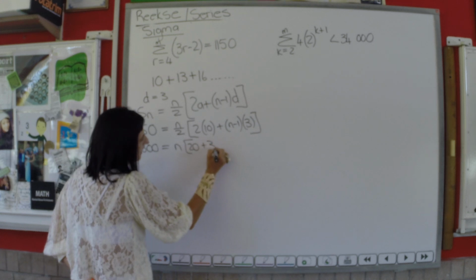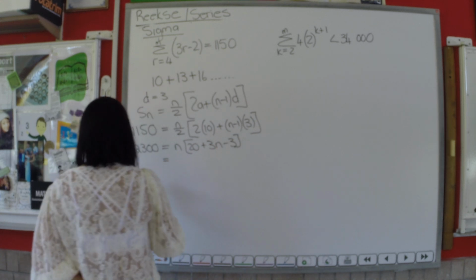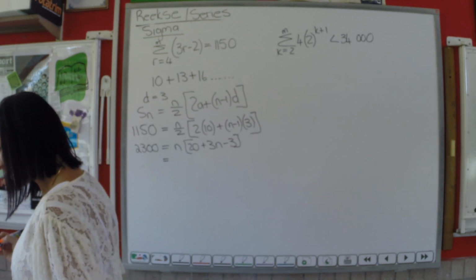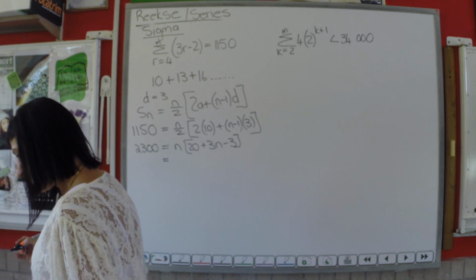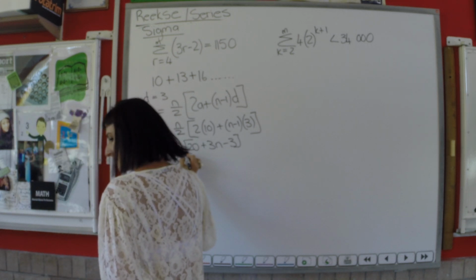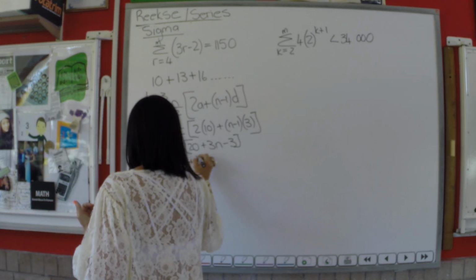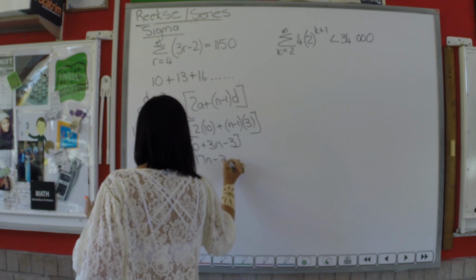20 plus 3n minus 3, and then if I multiply all of this out, I get the trinomial, and the trinomial is 3n squared plus 17n minus 2,300.